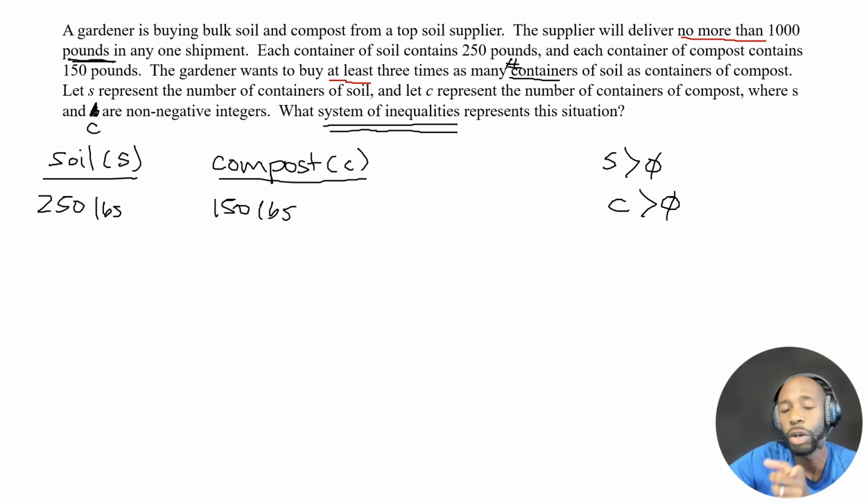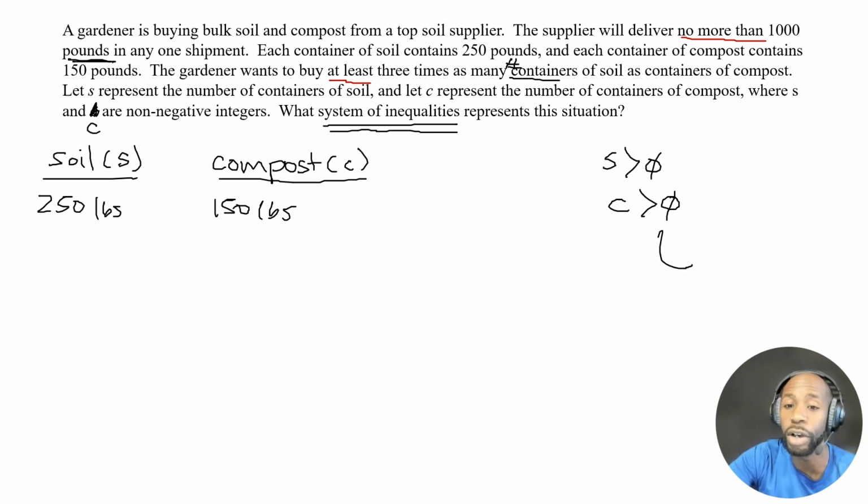So let's set up an equation. The way that we know that is by looking at our inequality language: no more than, and then at least. So no more than pounds. At least as many containers. That's how I know that we're going to be setting up our equations based on the number of pounds of stuff and then also the number of containers. So let's make equations based on these two characteristics.